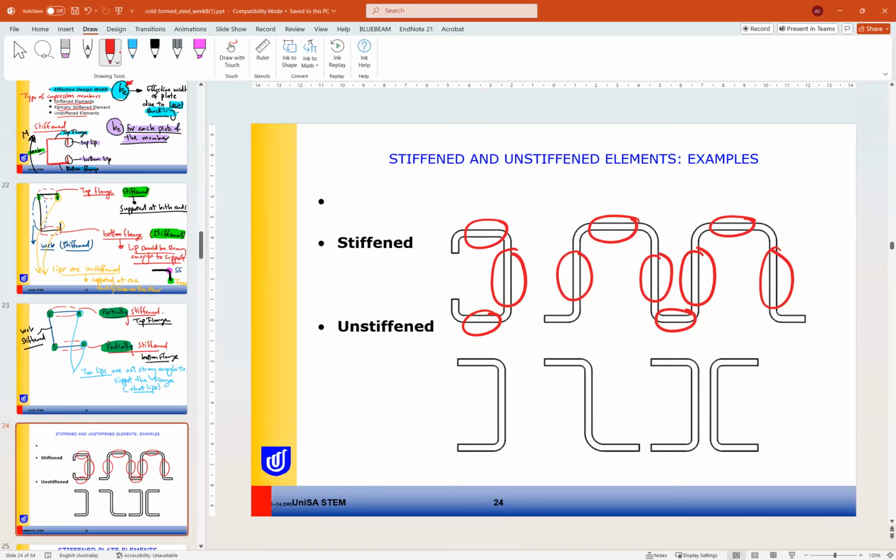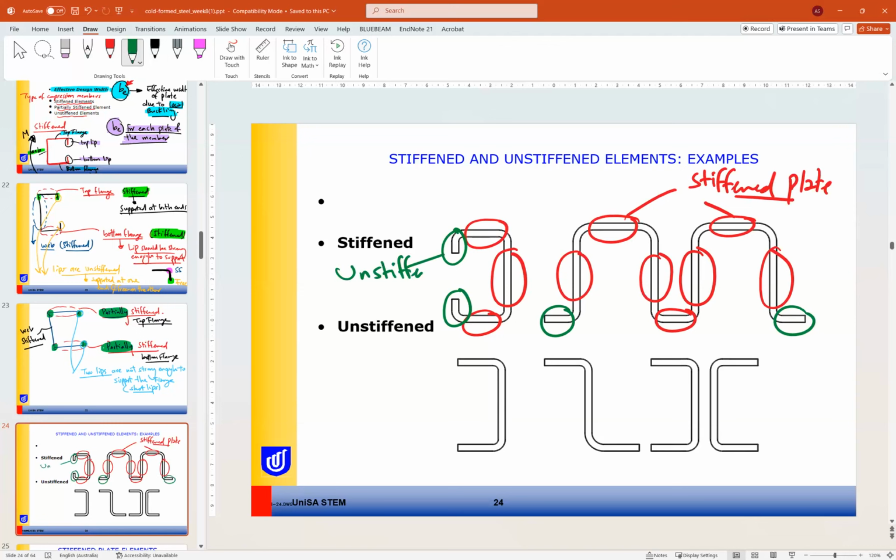So all these in red are stiffened plates. The only things here are this and this lips, this flange, which are unstiffened.